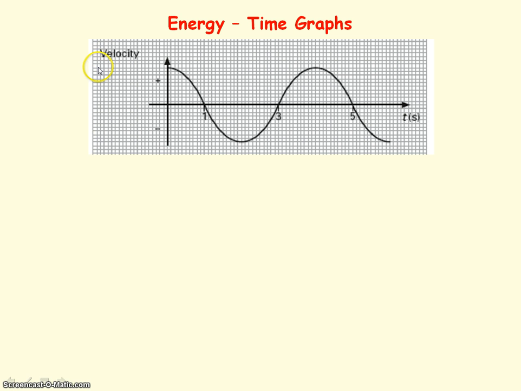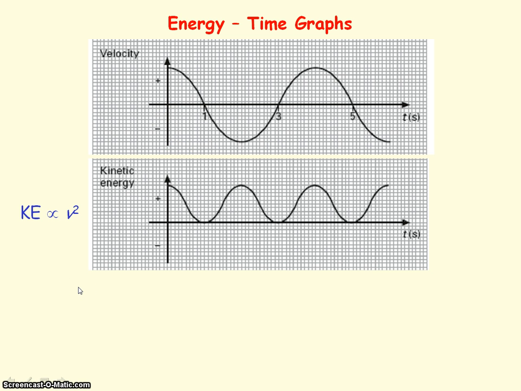Here we have a velocity time graph for an oscillation undergoing simple harmonic motion. To get a kinetic energy versus time graph, we know kinetic energy is proportional to velocity squared. So at any given time t, we will square the velocity, and that will give us this graph. It's important to note that we do not have negative kinetic energy.